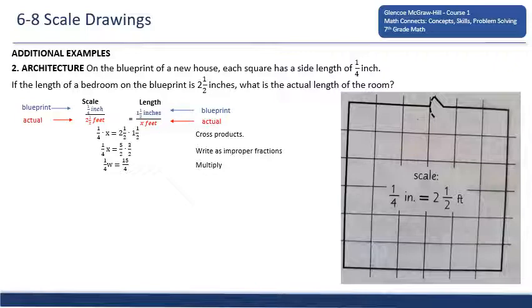So we have to undo 1/4 X. And to do that, we're going to divide by 1/4 to undo the multiplication that exists there. And remember, we cannot divide fractions, so we have to multiply by its reciprocal, and we're going to have to multiply both sides by the reciprocal. So now we're going to simplify. We're going to get X equals 15.